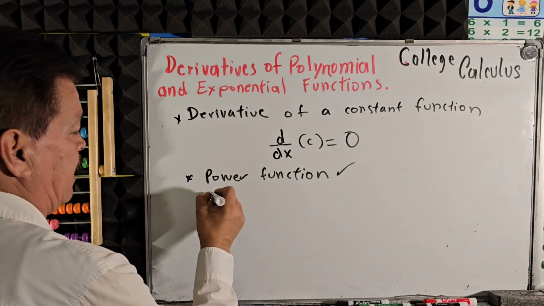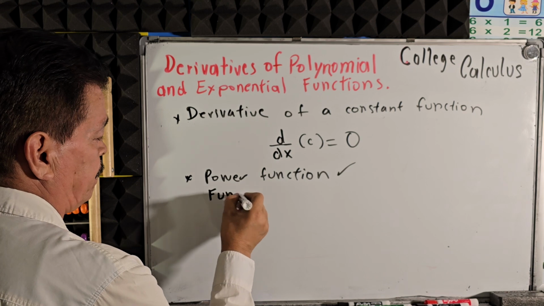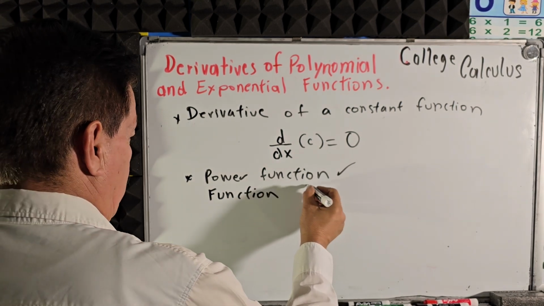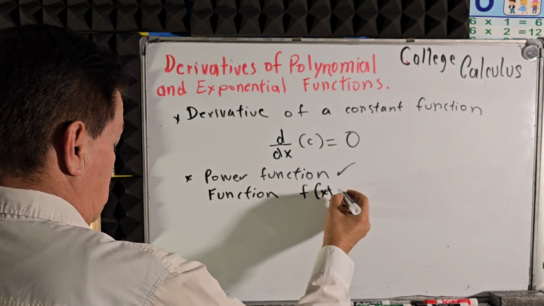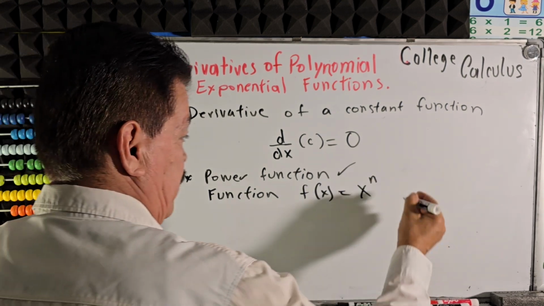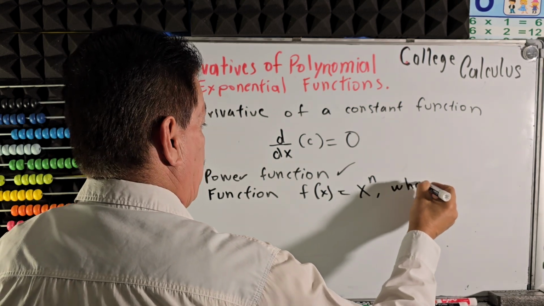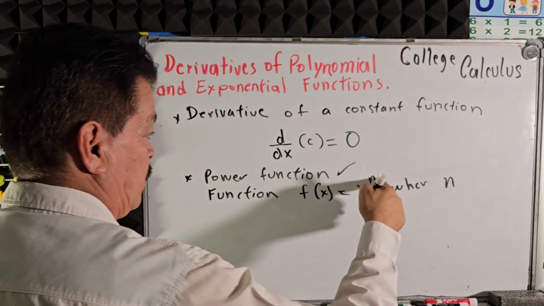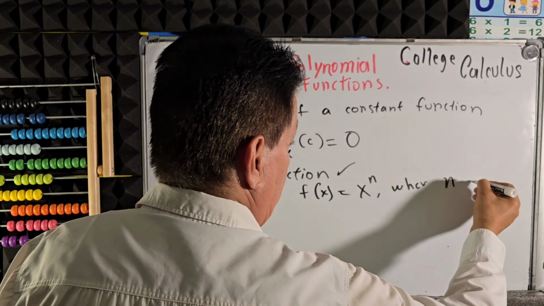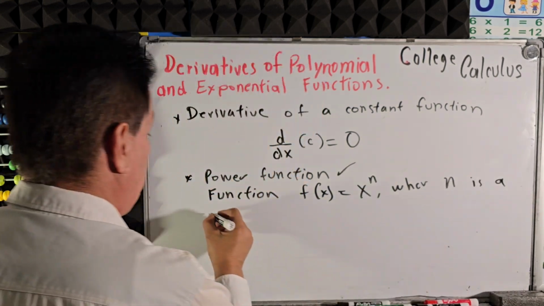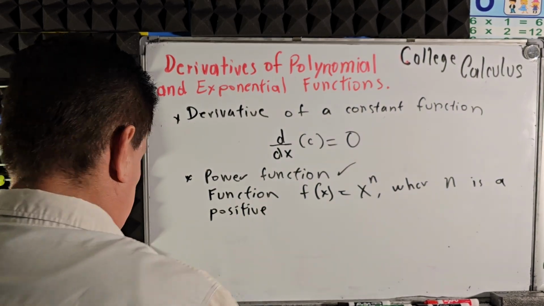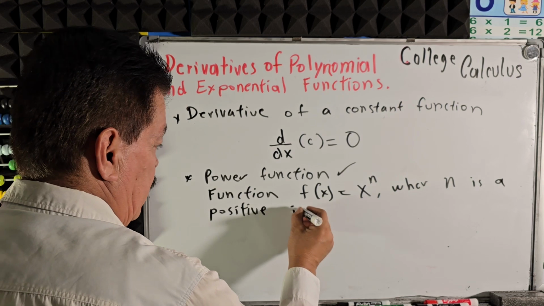A function like f of x equals x to the n power, where the exponent n is a positive integer.